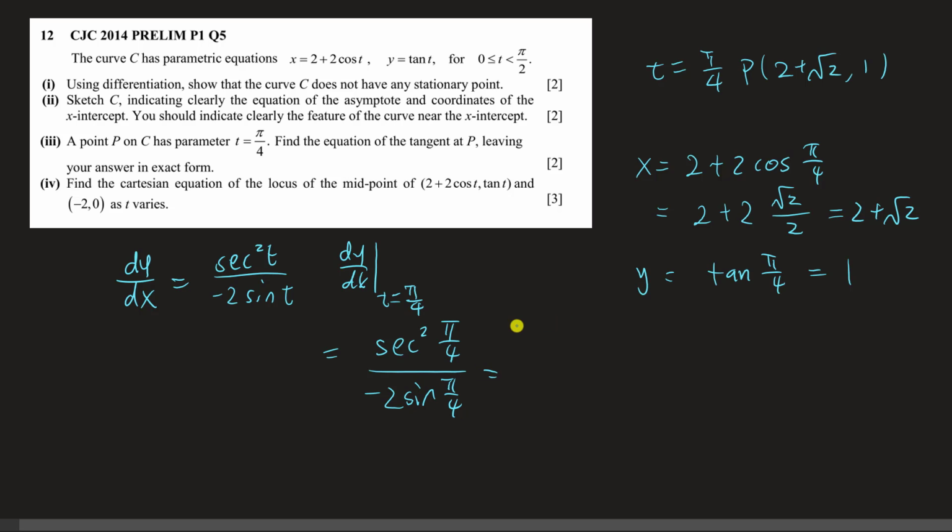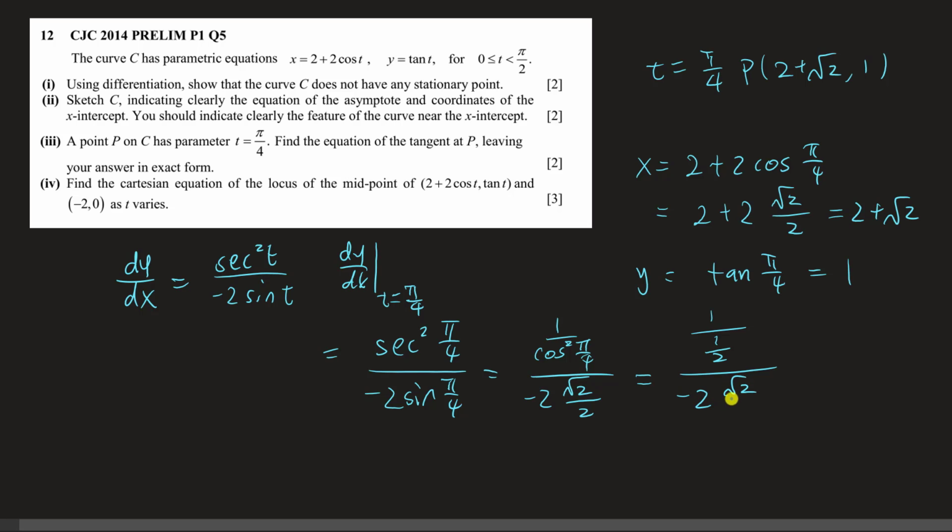This is 1 over cosine square pi over 4 over negative 2 sine pi over 4. Sine pi over 4 gives you root 2 over 2, right? 1 over cosine pi over 4 gives you 1 over half.